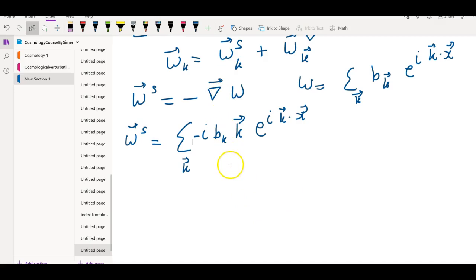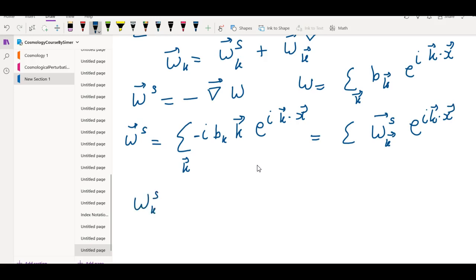And now see that since this is equal to W_k scalar e^{ikx}, therefore W_k scalar is minus i B_k k.